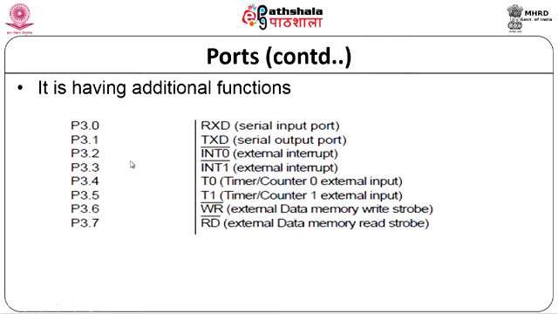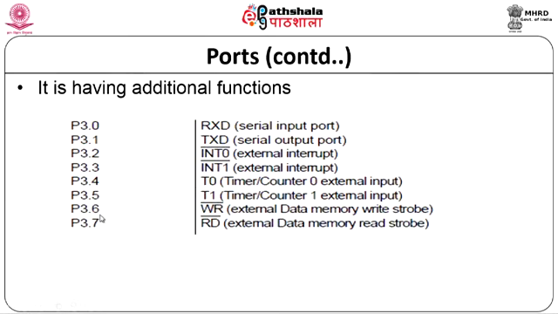So, 2 interrupt pins are supported, and P 3.4 and 3.5 are 2 pins which you can use as counters also. If I want to count something happening outside, that can be given as an input to these pins, so that I can count how many times that particular thing has happened.